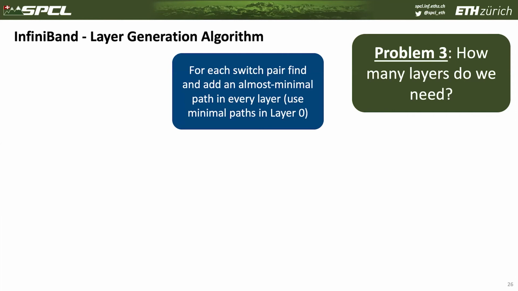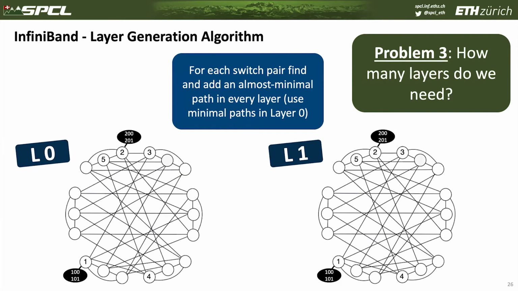We also keep the first layer minimal to ensure that we also have the minimal paths. As we have seen, we'll always have one minimal path, but we most of the time only have a single one in SlimFly. For that reason, we keep layer 0 minimal. For the other layers, we just actively insert almost minimal paths, so paths that are one hop longer, and insert these into the forwarding tables.